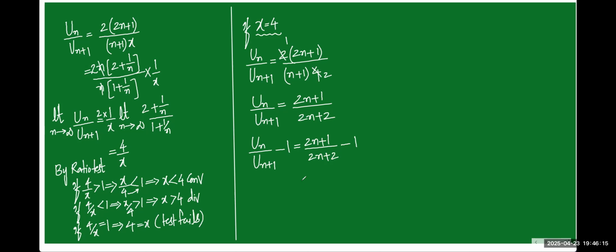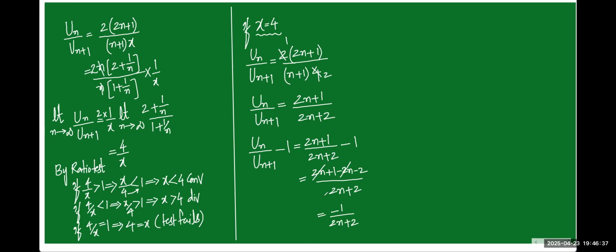If you simplify, we get 2n plus 2 in the denominator. This is 2n plus 1 minus 2n minus 2. Again cancel it. It's 1 minus 2, which is minus 1, by 2n plus 2.